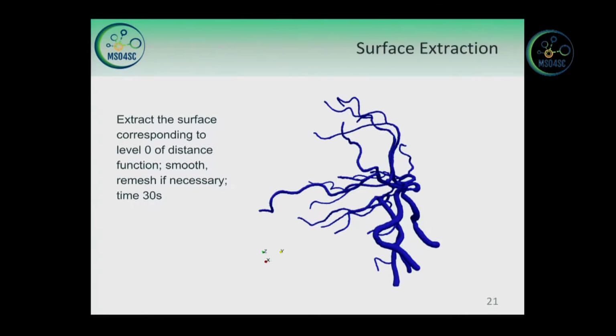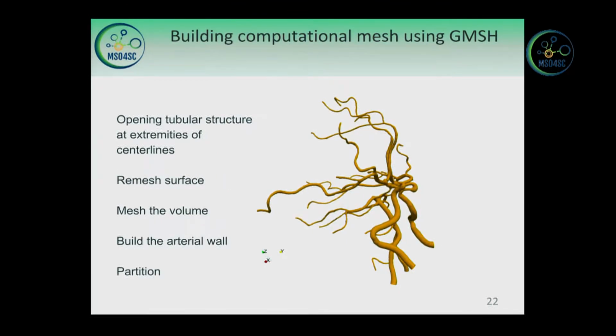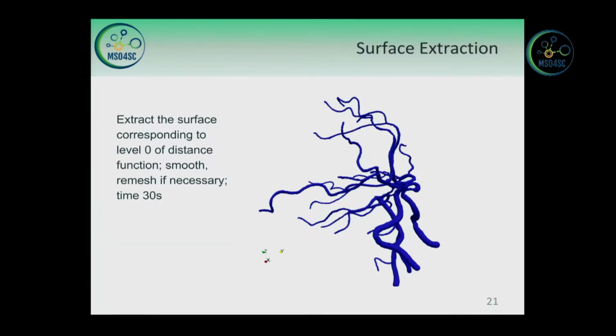At this point, we have a nice geometry, not yet usable. The next step is, I have some video with some zooms later, but here the extremities are not dealt with. The surface of the mesh can be quite fine, or too fine, so maybe we want to de-refine or further refine.